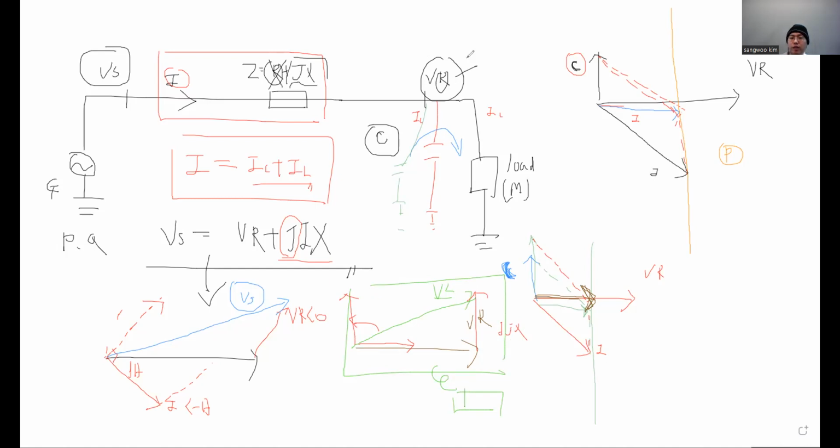And then one more. If we added more capacitors, what happens? Look at that. First, we need the voltage equation. Always have to remember, okay? VS equals VR plus I J X. Now what happens if we add too much capacitors?